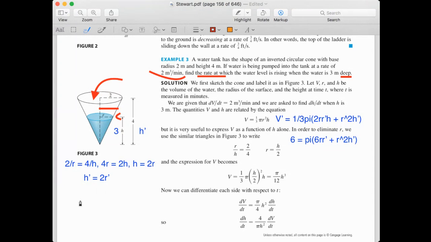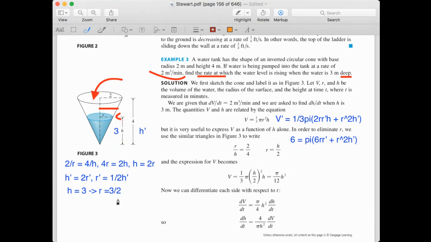So now, at a particular moment, h equals 3. H equals 3 implies r equals 3 over 2. And from here r prime equals half h prime, because my goal is to solve h prime.